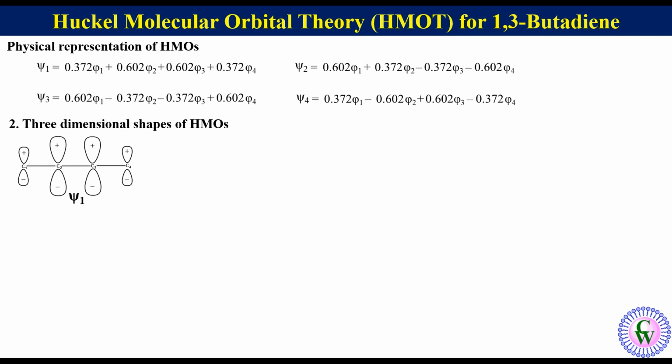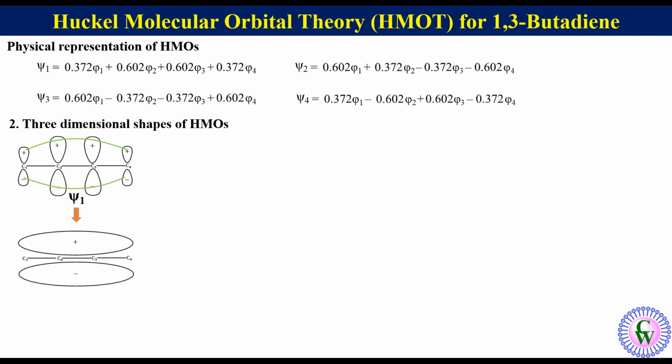Here, the size of lobes is directly proportional to the magnitude of the coefficient. So, all the 4 positive lobes will combine to make a single positive lobe, and all the 4 negative lobes will combine to make a single negative lobe, and thus psi 1 will look like this.